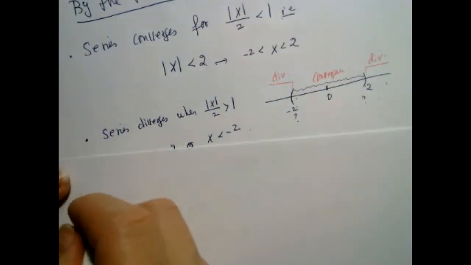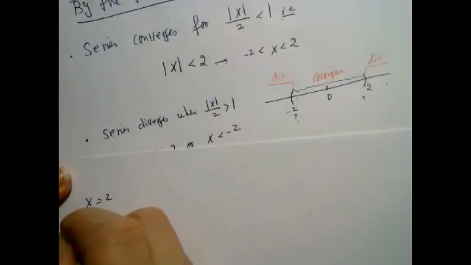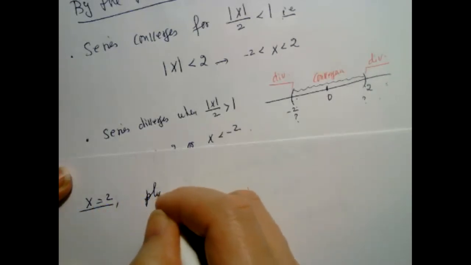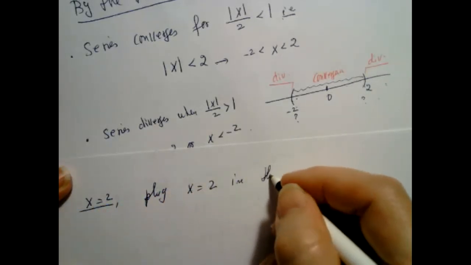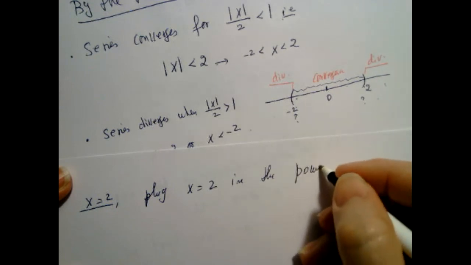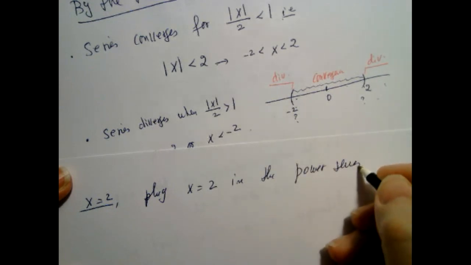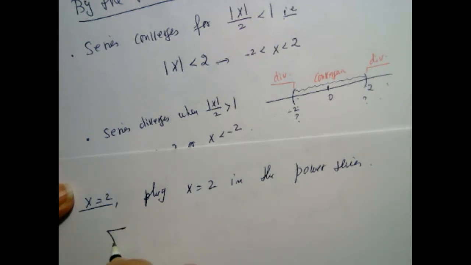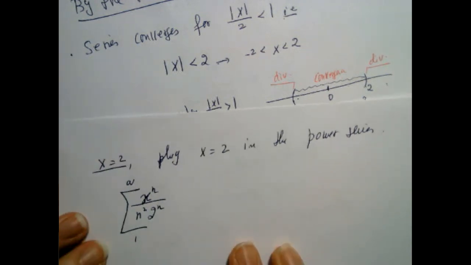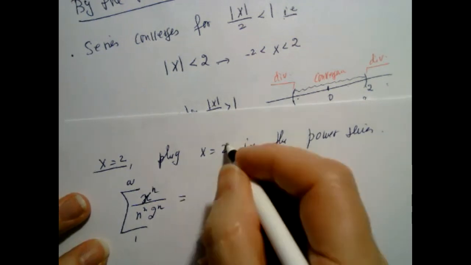For x equal to 2, we're going to plug x equal to 2 into the expression of the power series. Let's see what we get. We take our original power series, the sum of x to the n over n squared times 2 to the n, from 1 to infinity, and I plug in 2 for x.